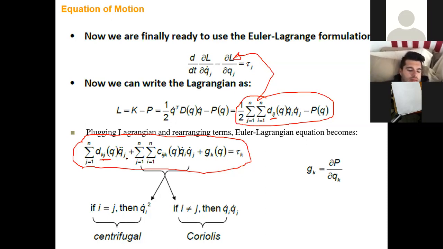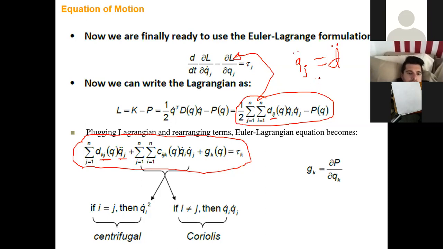Then when you do this calculation, you end up getting qj double dot. What is qj double dot? If qj is d, then qj double dot is the linear acceleration.